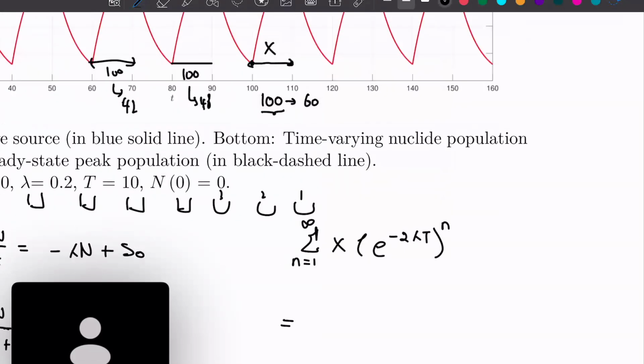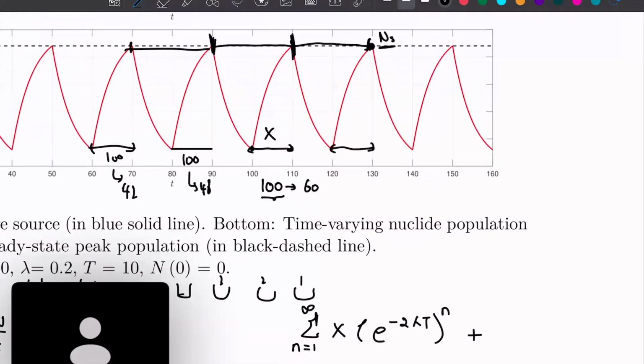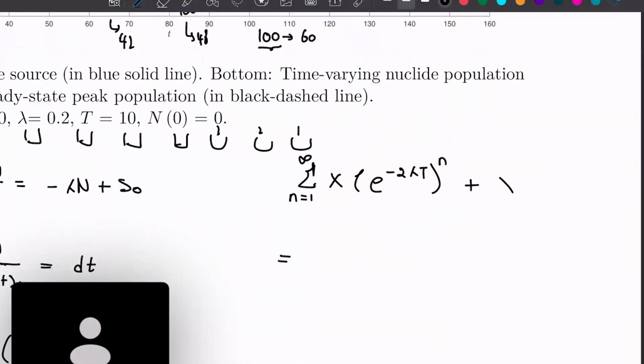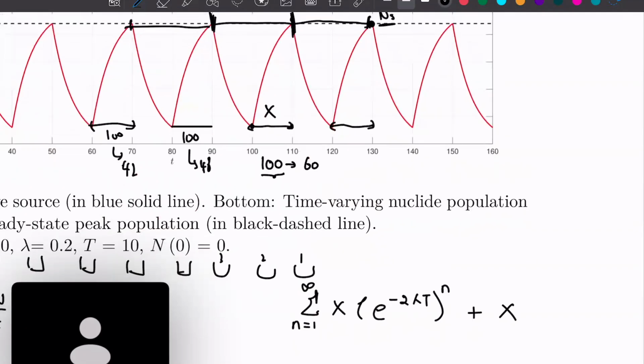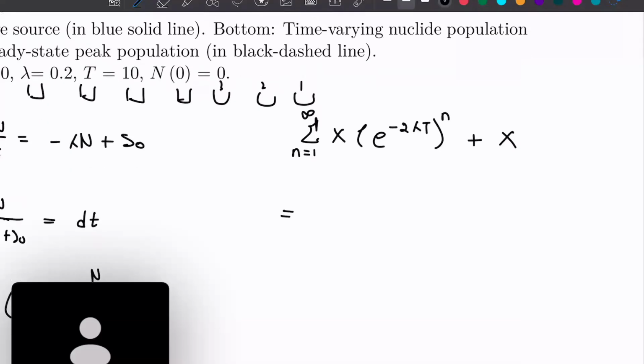As I mentioned, we ignored this one, so we can now add this back, which is just an x, because this x hasn't decayed yet, so it's a singular x. So we can just add that back. You guys have done geometric series, so you should know what I'm doing.